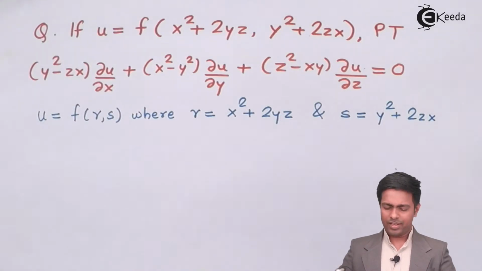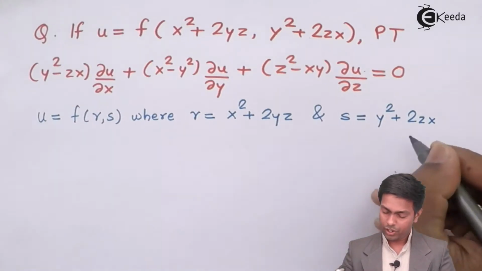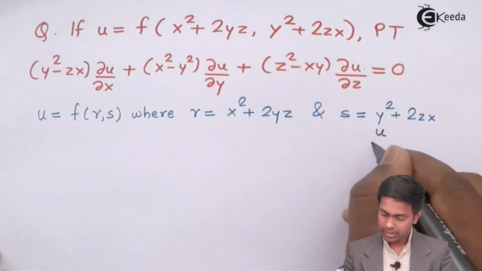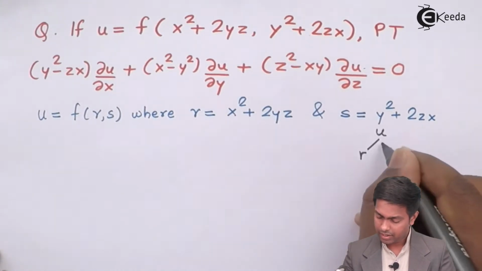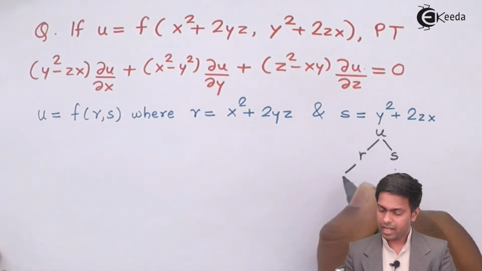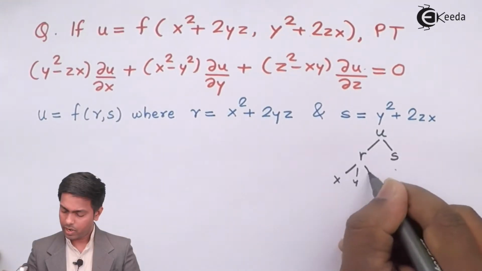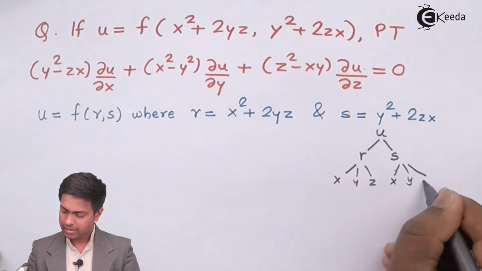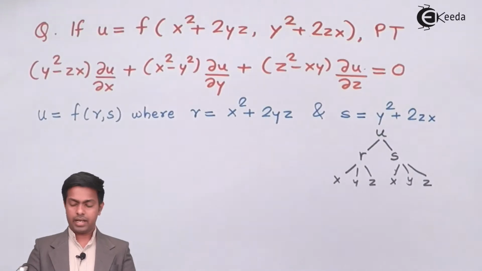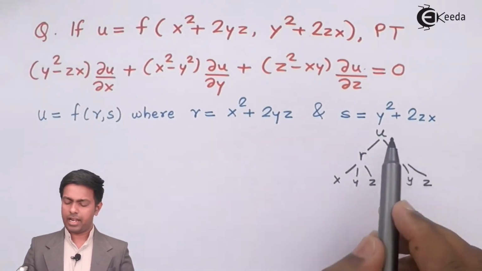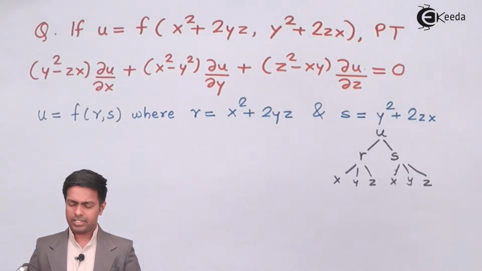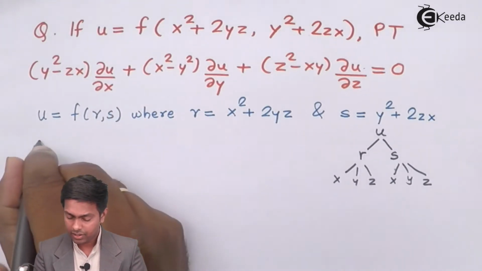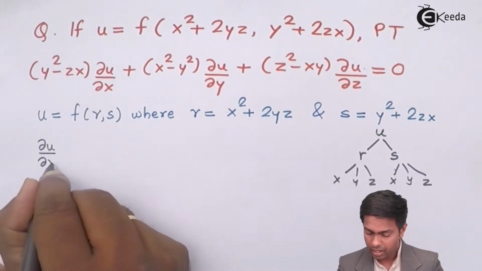So here I'll say u is a function of r and s, where r is a function of x, y, z, s is a function of x, y and z. So r and s are my intermediate variables, x, y, z are the independent variables and u is the dependent variable.